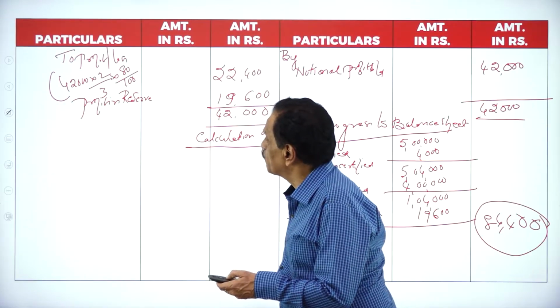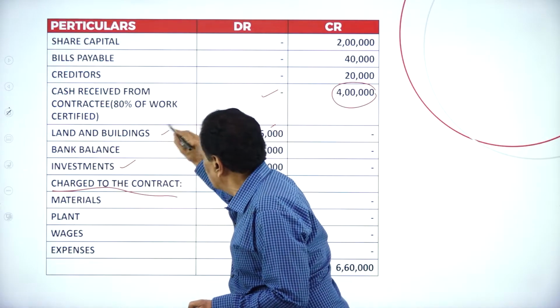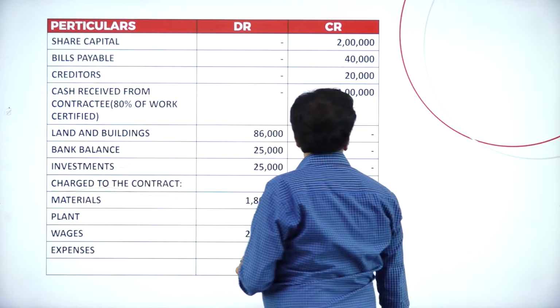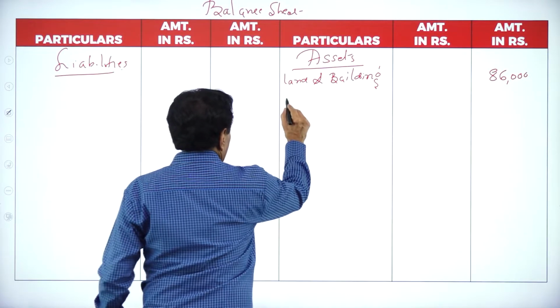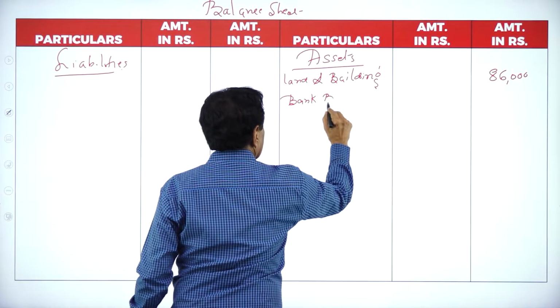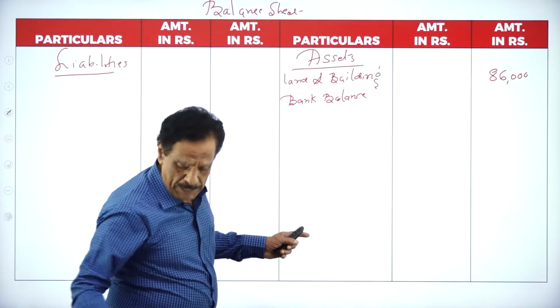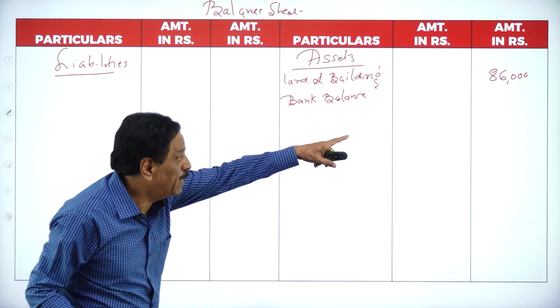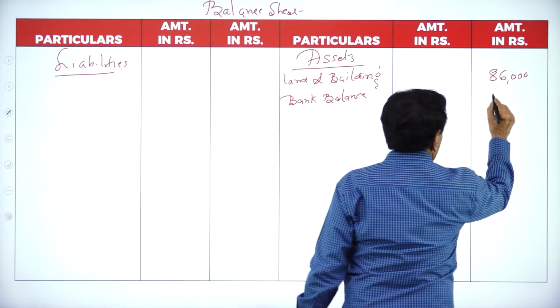What is next one? Land and building is over. What is bank balance is 25,000. Bank balance is 25,000.